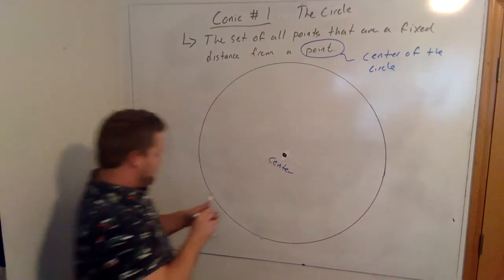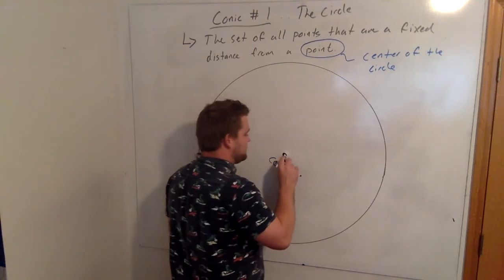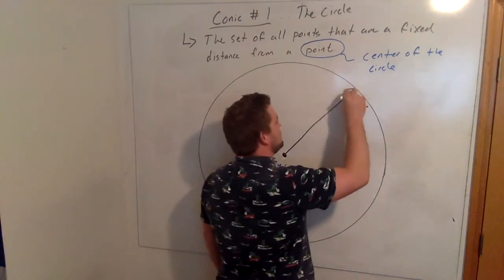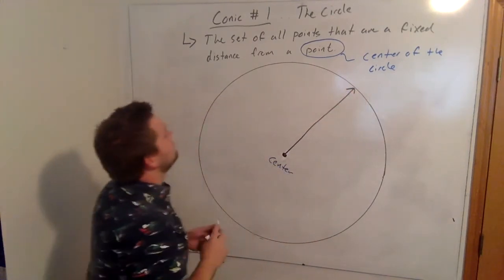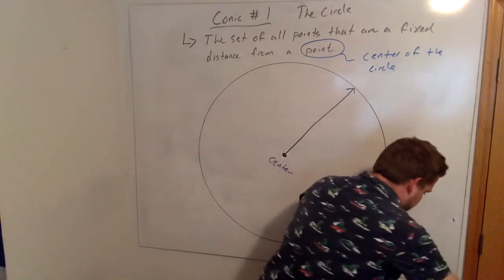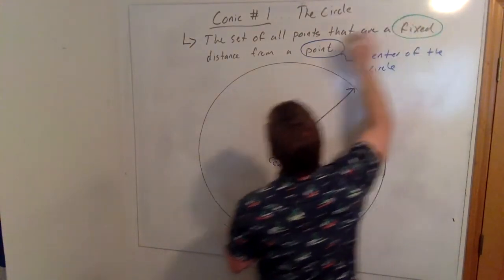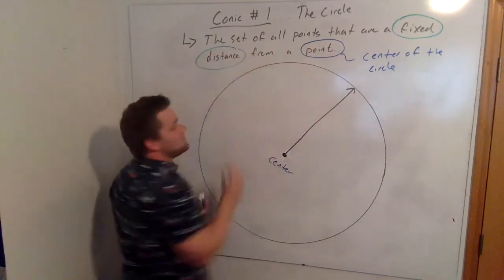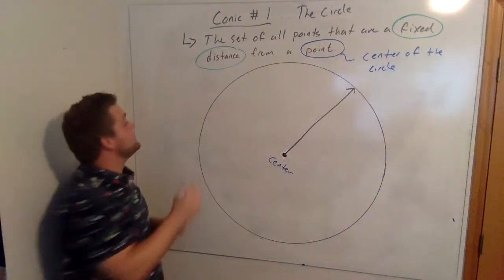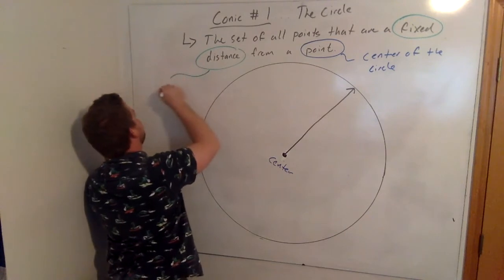And we have a fixed distance, so from here to here, we have some sort of fixed distance on this circle. This fixed distance has a special name. It's called the radius.